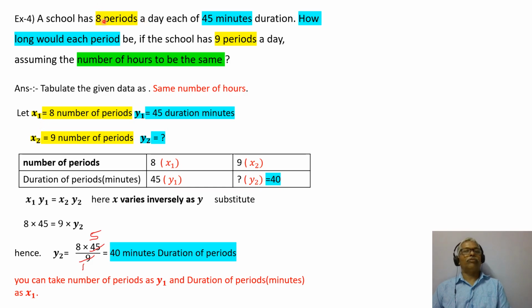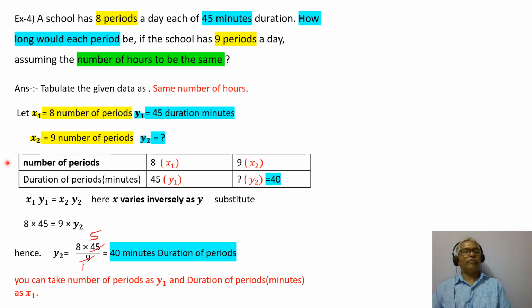So x1 is 8, the number of periods, and duration is denoted by y1. y1 is 45 minutes duration. Then if the school has 9 periods a day, they increase the number of periods from 8 to 9, and naturally y2 will be a little less. And we have to find out y2.